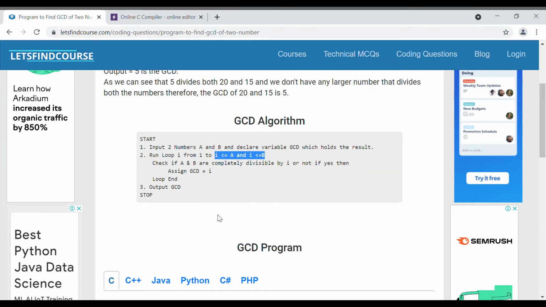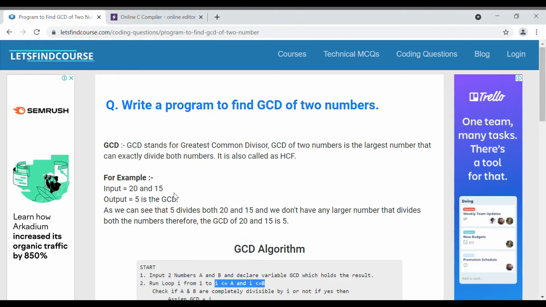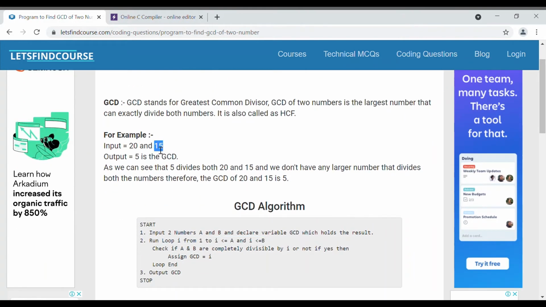So whichever is the lesser number, say 20 and 15, we will check till 15. This condition says that whichever number is smaller, we will check till that number. So we will check till 15 in this case. And we will check if a and b are completely divisible by i or not.